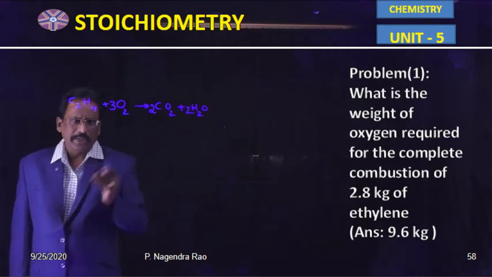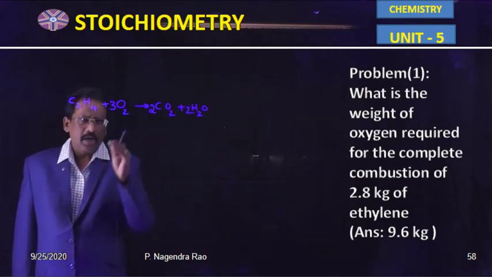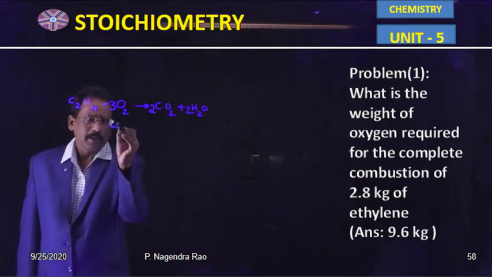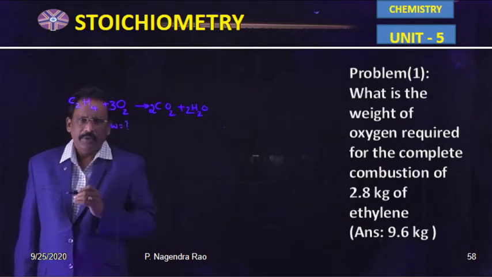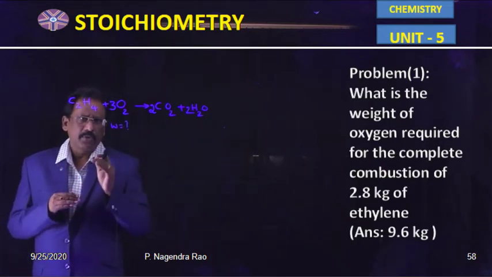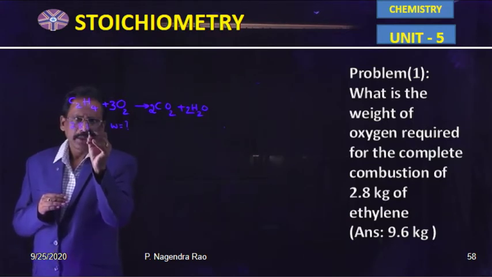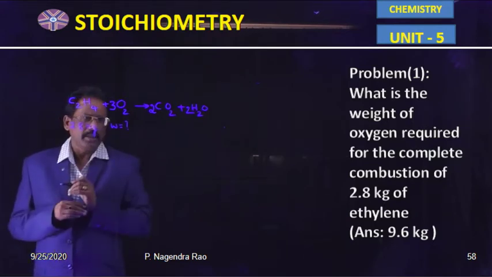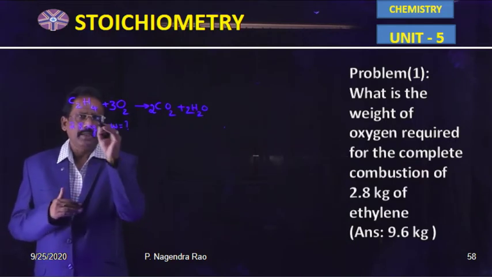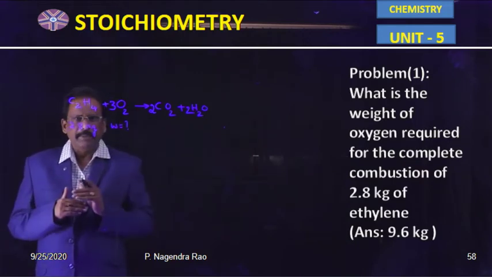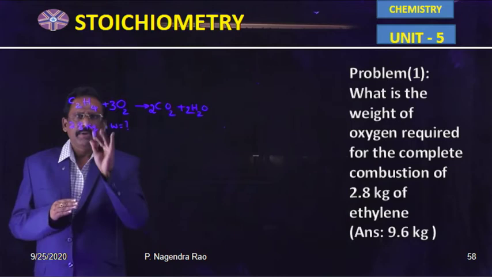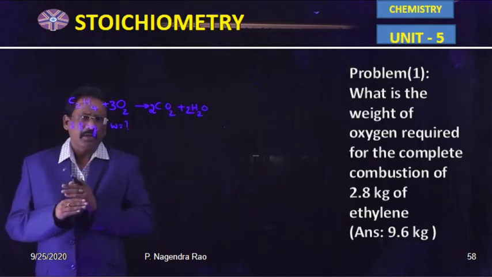So if you want to calculate the weight of oxygen gas required for the complete combustion of 2.8 kilograms of ethylene, first write the balanced chemical equation between ethylene and oxygen gas.